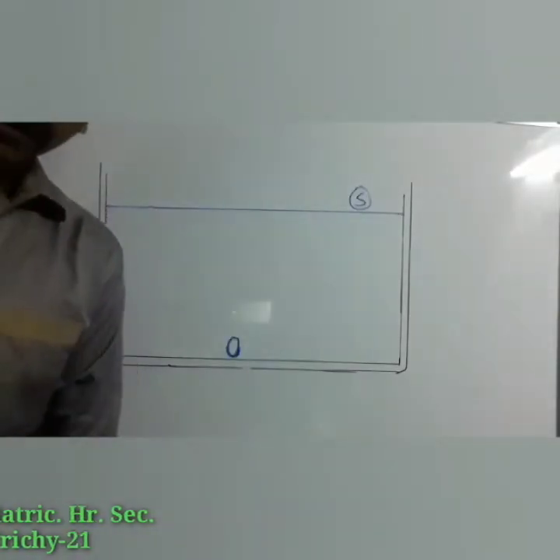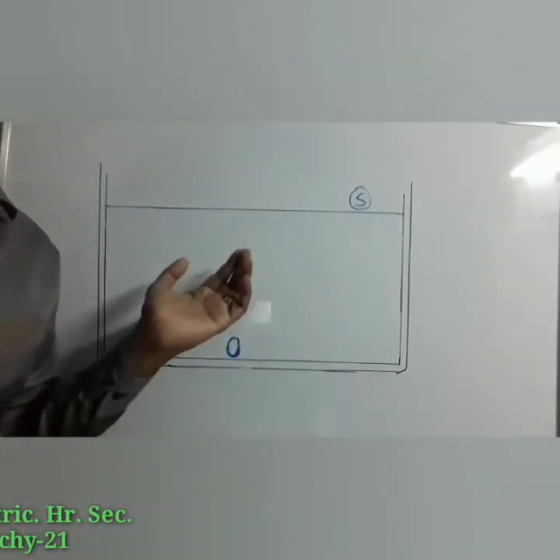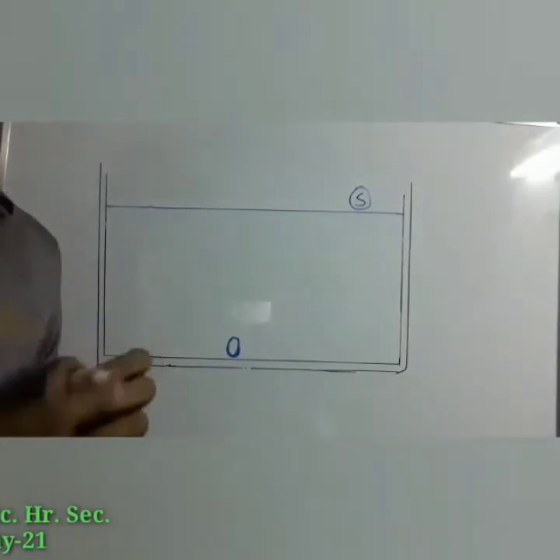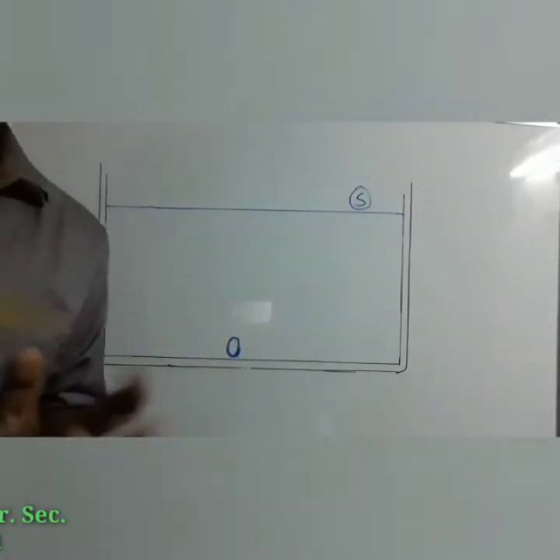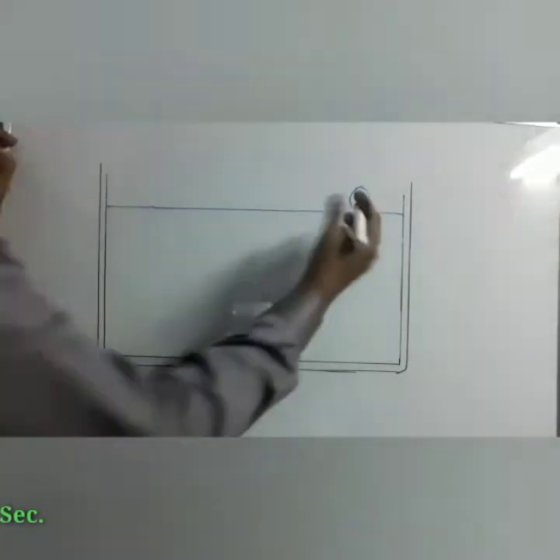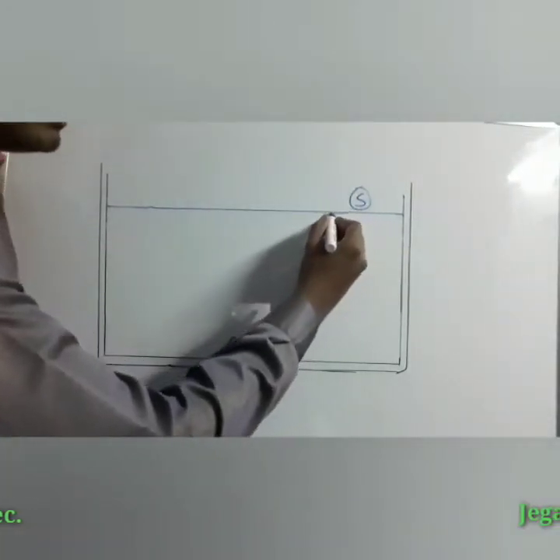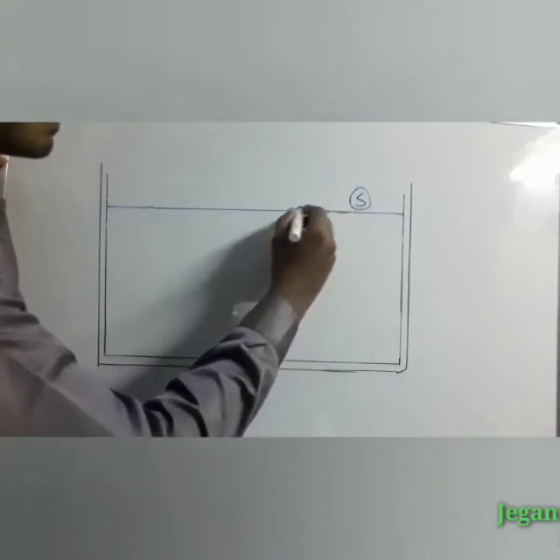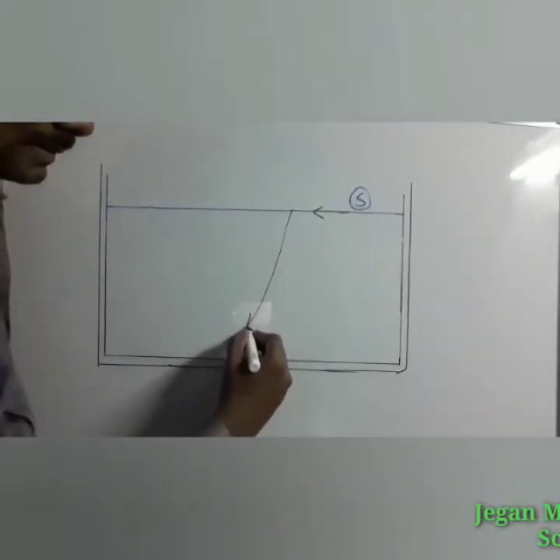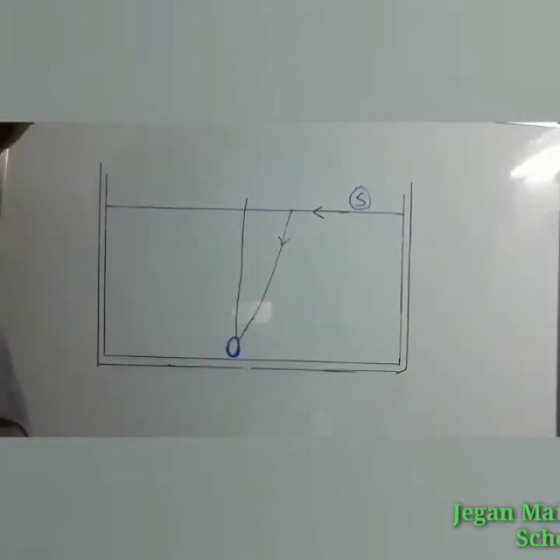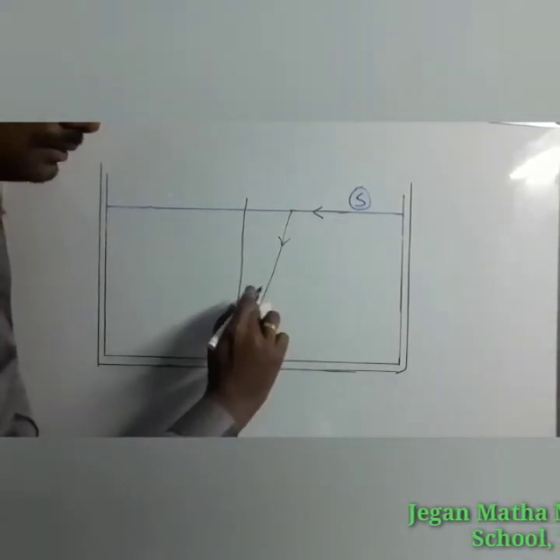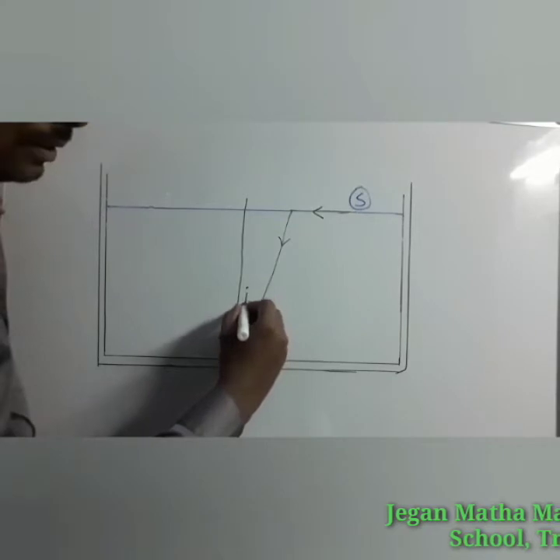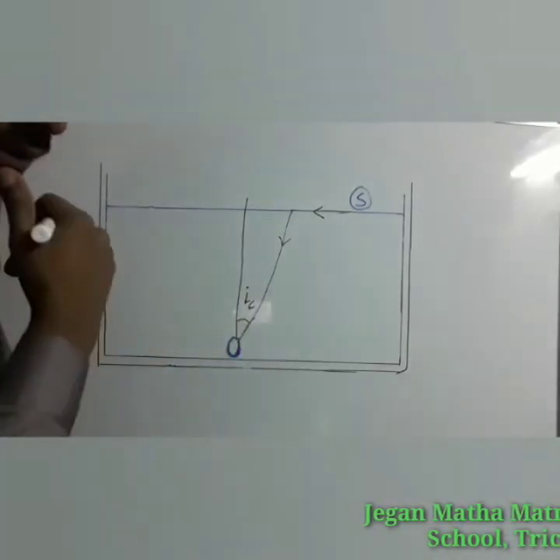On the other hand, when the light entering the water from outside is seen from inside the water, the view is restricted to a particular angle equal to the critical angle IC. For example, here the light ray which makes the critical angle IC is visible to the observer.